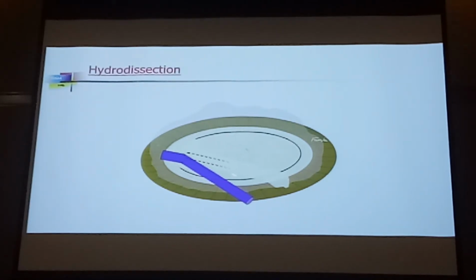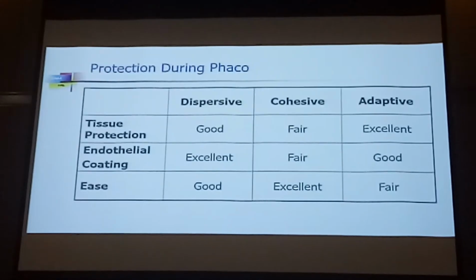Otherwise, if you don't create this fluid tract, the whole viscoelastic may trap the BSS inside, the pressure may build up very high. Alright? Again, dispersive, not so much a problem, but some of the strong cohesive, you have to be more careful. And then you go on to Phaco.